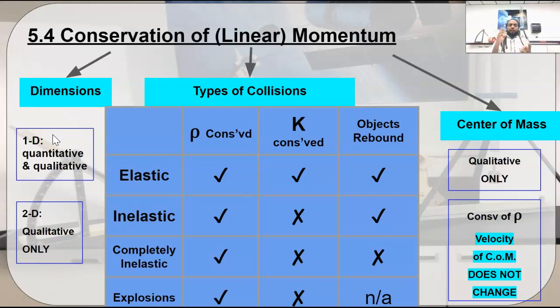And so we have 4 scenarios you should be aware of. Elastic collisions, in which kinetic energy is conserved and objects rebound. Completely inelastic collisions, in which objects stick together, kinetic energy is definitely not conserved. Inelastic collisions, which are somewhere in between those two and make up the bulk of collisions in real life.